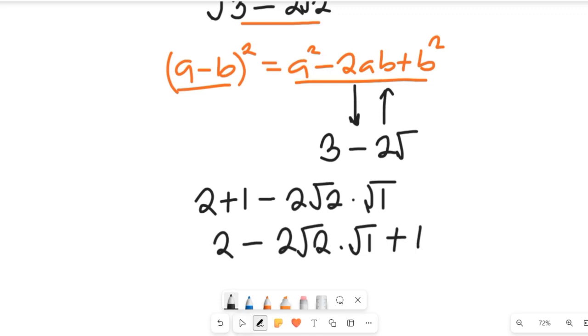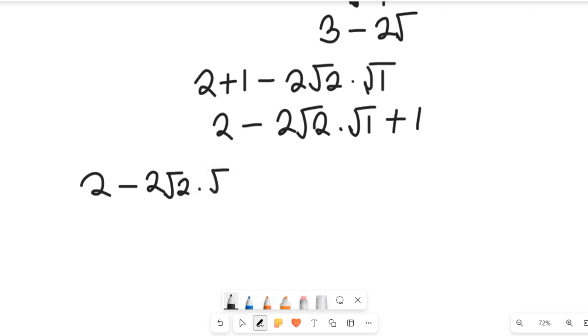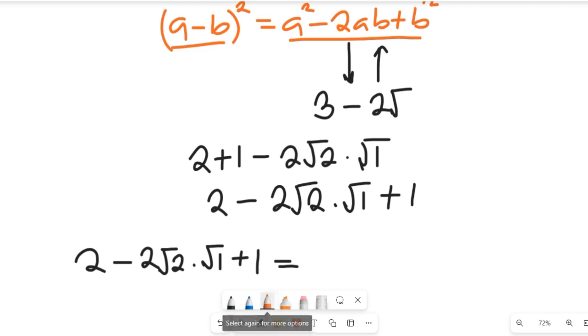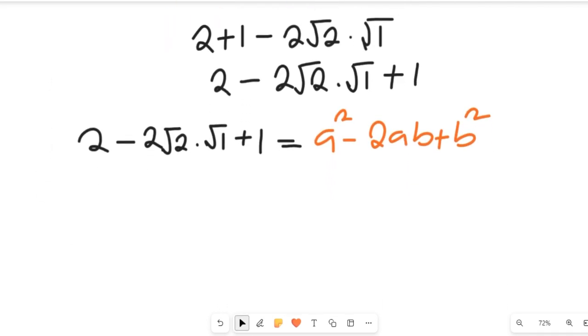Now you will see that this value we've gotten, 2 minus 2 root 2 multiplied by root 1 plus 1, is still equal to the same value we've gotten here, a square minus 2ab plus b square. Why do we say that?